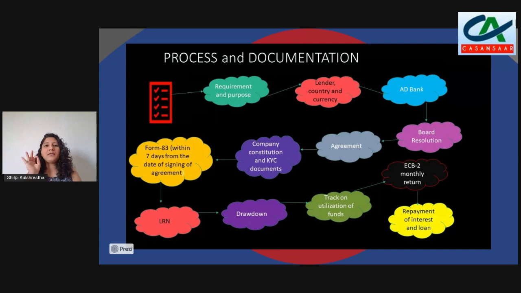So make sure, if you are signing your agreement on Friday, Saturday and Sunday are holidays, and now you are left with Monday, Tuesday, Wednesday, Thursday, only 4 days. In these 4 days, you need to file the application first with your authorized dealer.